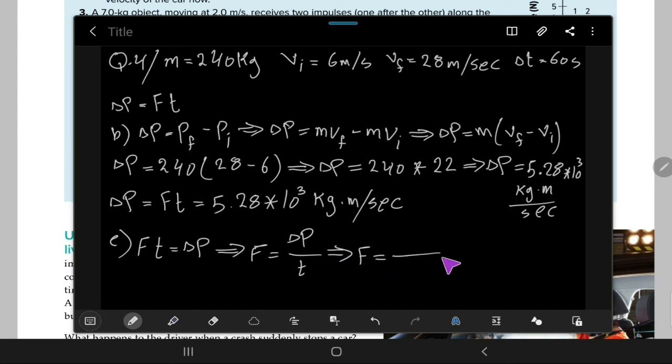F equal to delta P, we found it, which is 5.28 times 10 to power 3 over t, the time we have in the question, which is 60. So the force equal to 88 Newton. And this is part C in this question.